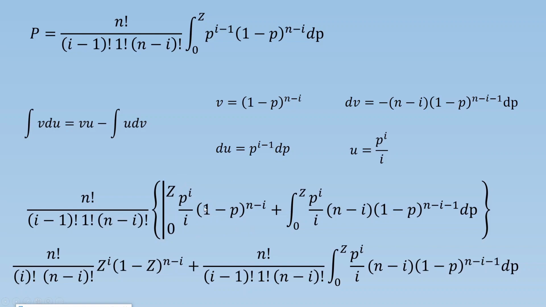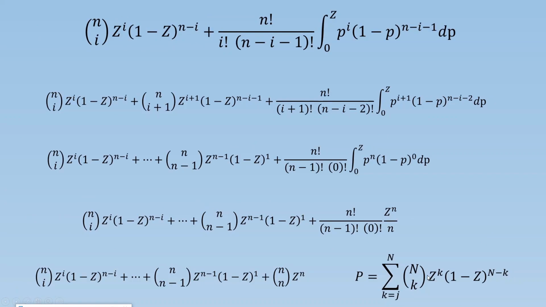Now after you evaluate this one, this becomes z to the power I multiplied by (1 minus z) to the power n minus I. And this I will also come here. It creates I factorial, so this whole thing is basically the selection of I items from n items. And this is the rest that we have.